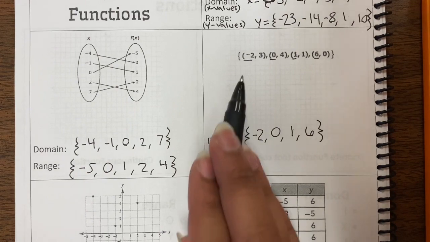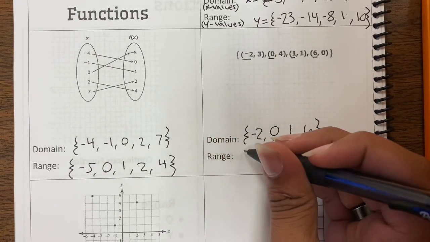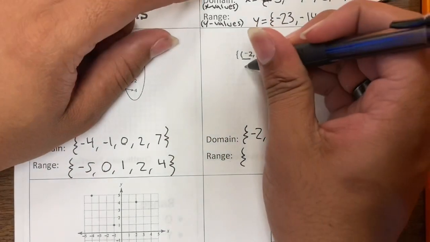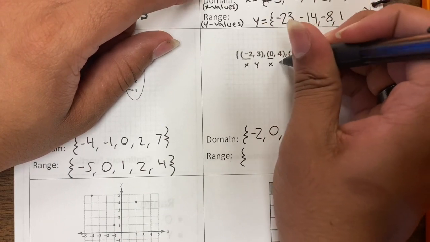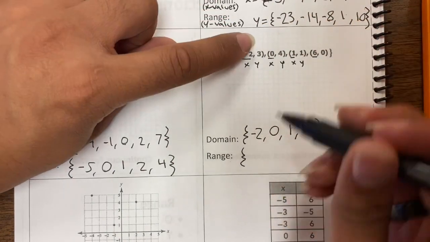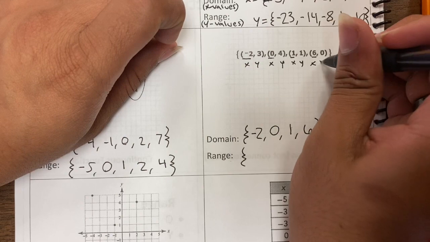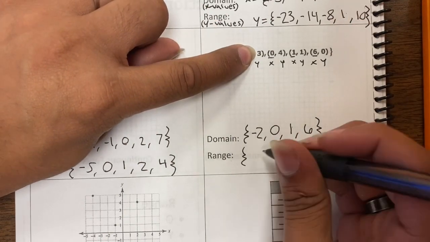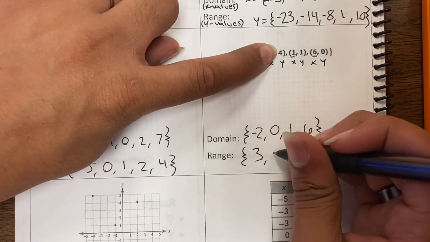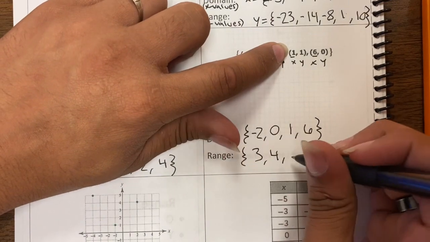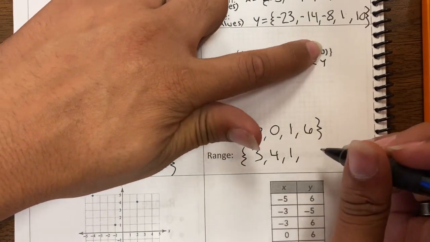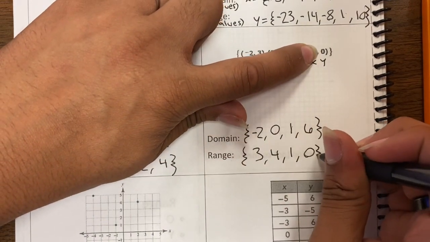My range is going to be all of my y values. So remember, x, y, x, y, x, y, x, y. So all of my y values are 3, 4, 1, 0.